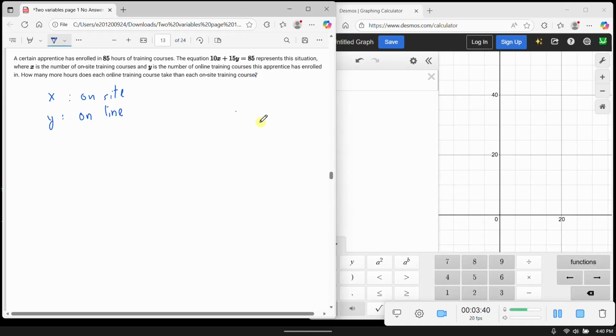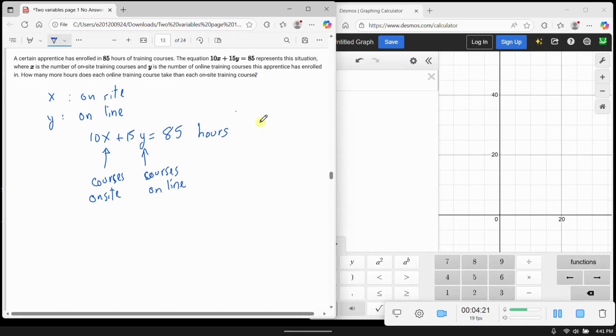And they give you the equation such as 10x plus 15y equals 85. So the 85 is the hours, and x is the number of courses on-site, and y is also the number of courses, online.